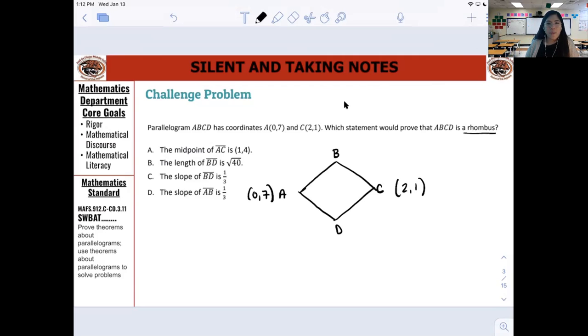So what would prove that this is a rhombus? What do we know about rhombuses again? Go ahead and shout out some information. They have 4 congruent sides. What else? Diagonals are perpendicular.